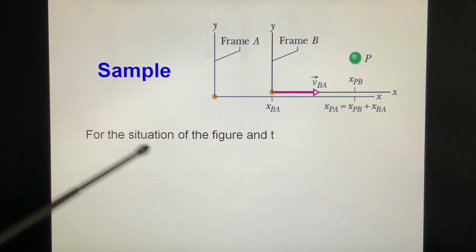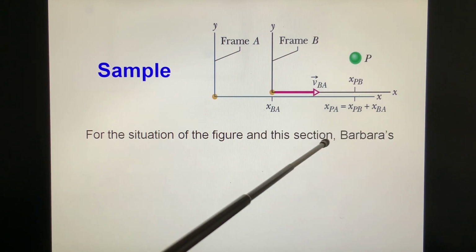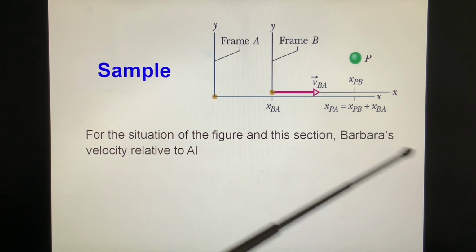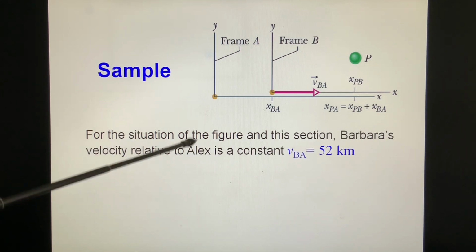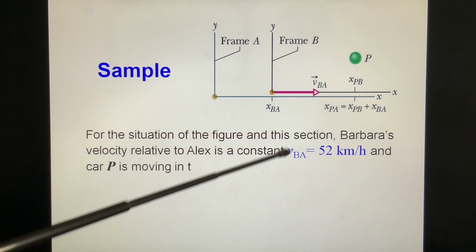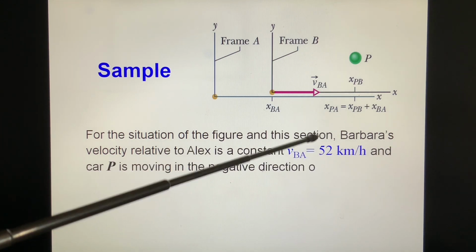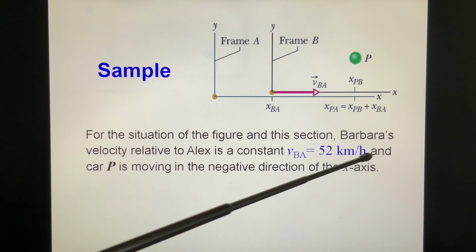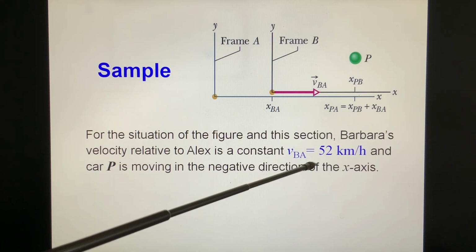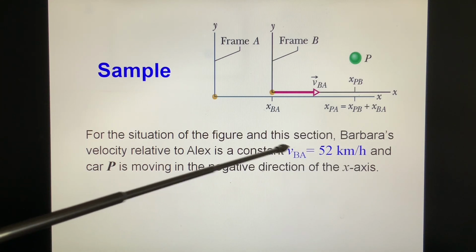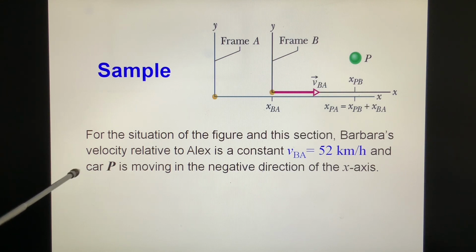For the situation of the figure and this section, Barbara's velocity relative to Alex is a constant VBA, 52 kilometers per hour. Now this is in frame A, the velocity of B. And car P is moving in the negative direction of the x-axis.